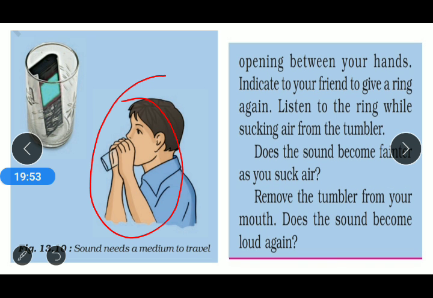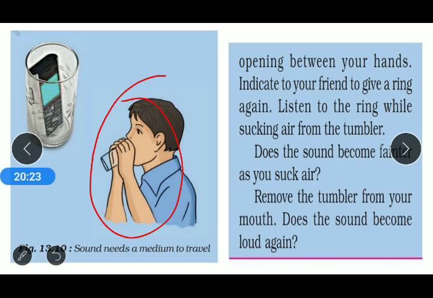Listen to the ring while sucking air from the tumbler. In this case, we suck out the air with the help of our mouth. In the second step, we suck out the air from the tumbler and try to listen to the sound.